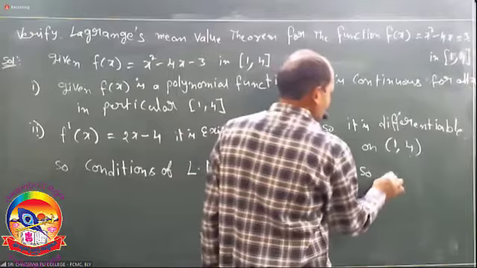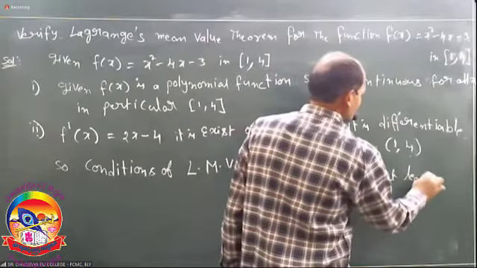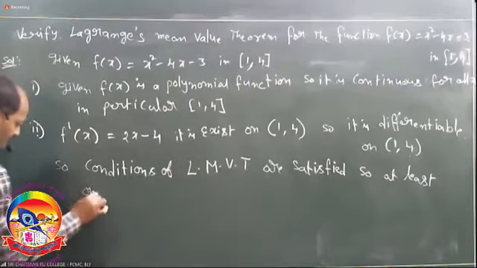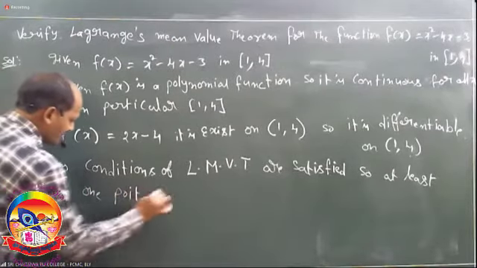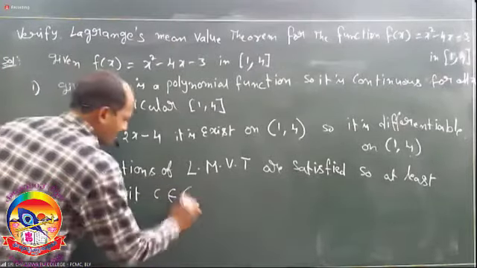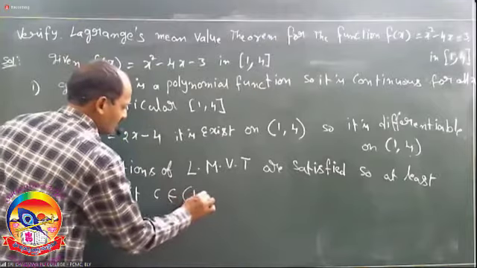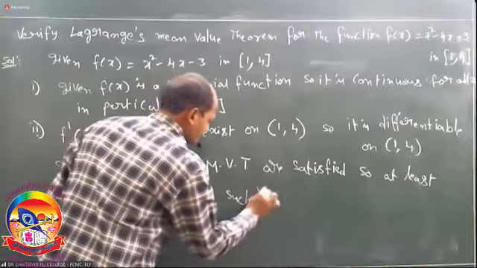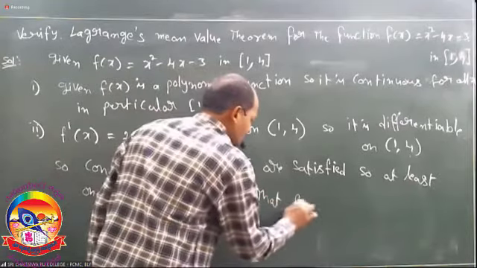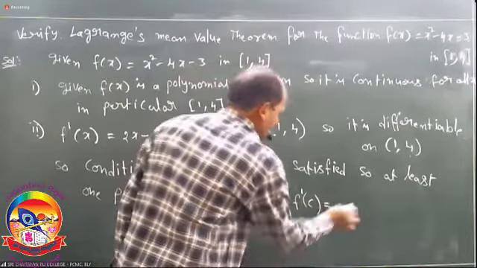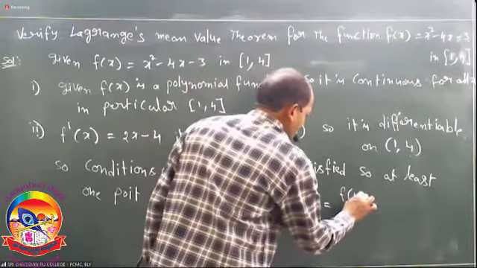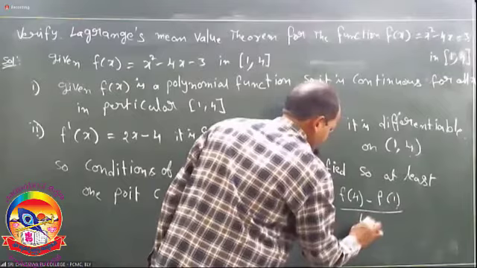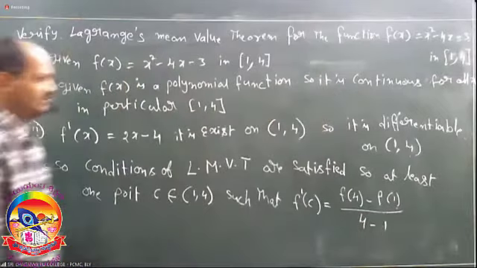So at least one point C belongs to A comma B, that means 1 comma 4, such that f dash of C is equal to f of 4 minus f of 1 divided by 4 minus 1.